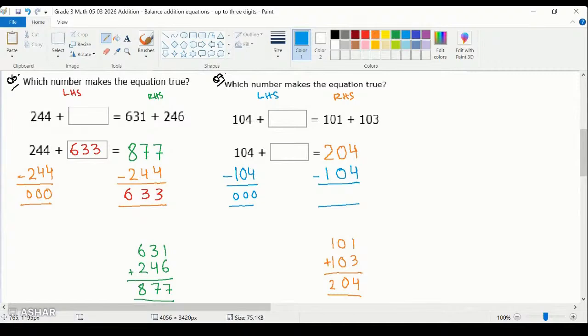And 204 we minus 104. So can we say 4 minus 4 would be 0. 0 minus 0 is still 0. And 2 minus 1 was 1. Can we say the missing number is 100?